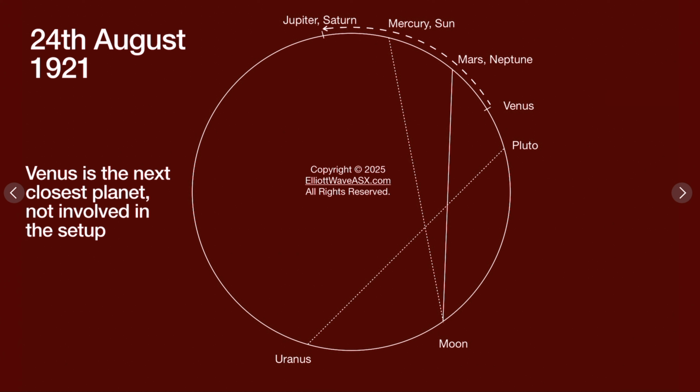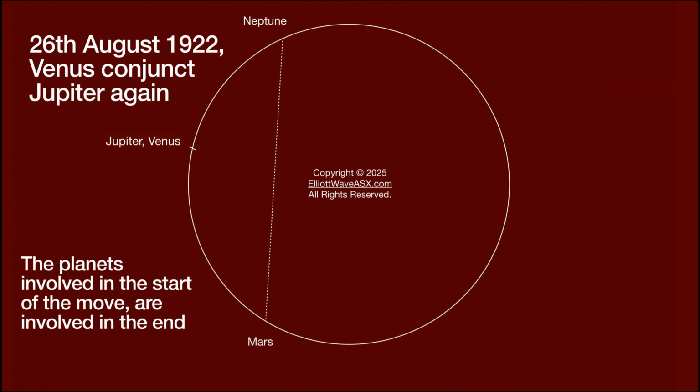And then about 12 months later, Venus does a complete 360 and it goes conjunct with Jupiter again. And that's the day of the high before the largest pullback in that bull run. Now we've got Venus and Jupiter conjunct again, but also importantly we've got Mars and Neptune in a trine.